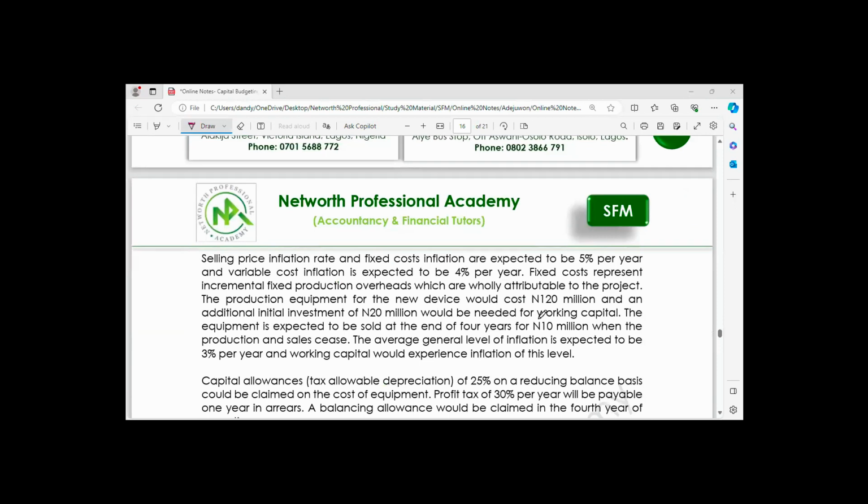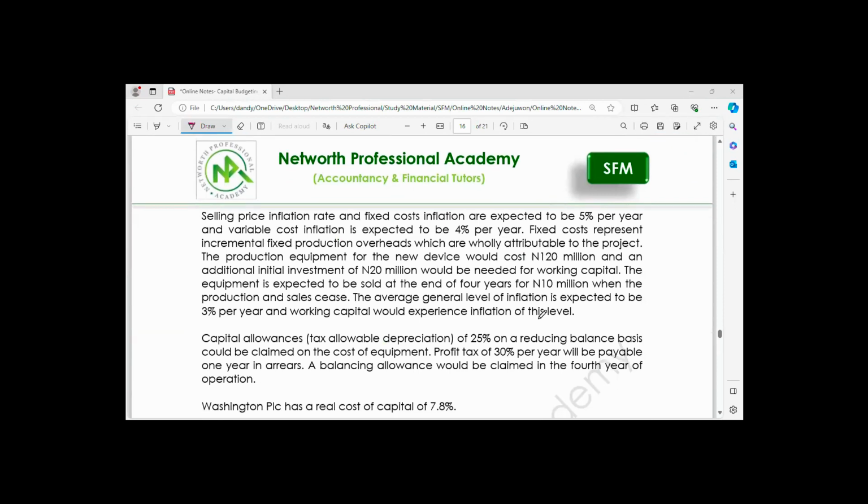Selling price inflation rates and fixed cost inflation are expected to be 5% per year, and variable cost inflation is expected to be 4% per year. Fixed costs represent incremental fixed production overheads, which are wholly attributable to the project.